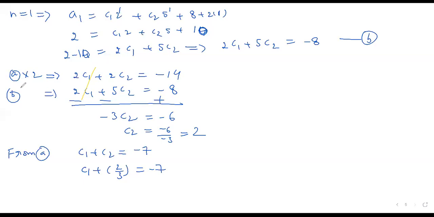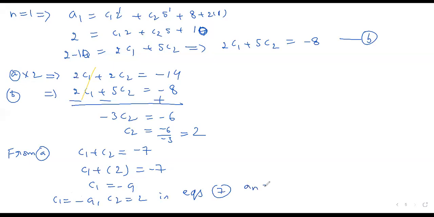Multiply A by 2, then take B and subtract both, and you find C2 equals 2. Substitute that C2 equals 2 in equation A: C1 plus C2, meaning 2, equals minus 7, therefore C1 equals minus 9. Now substitute C1 equals minus 9 and C2 equals 2 in equation 7.